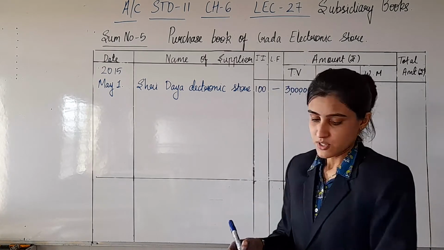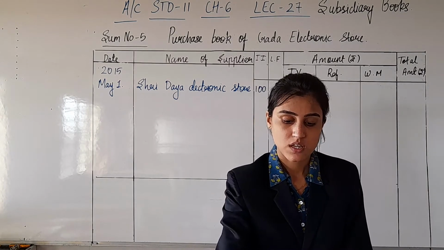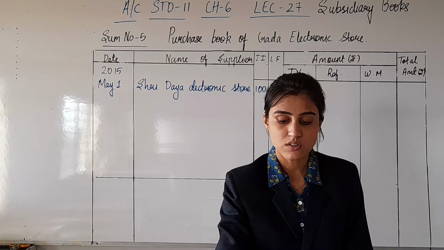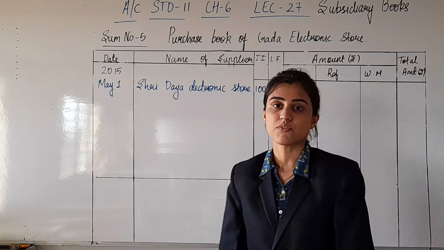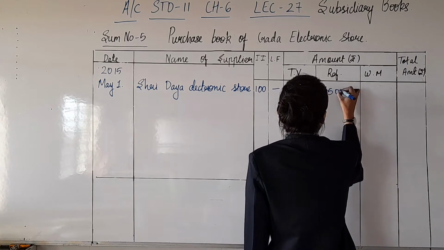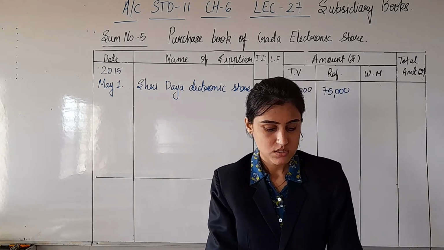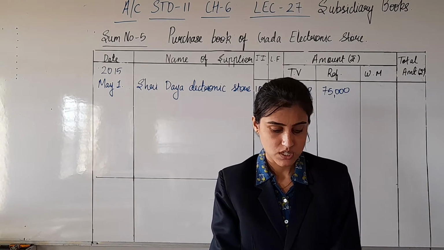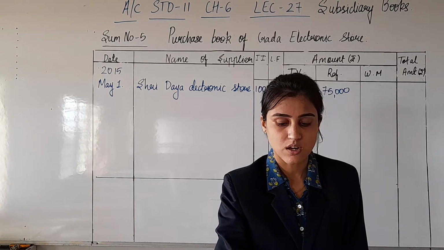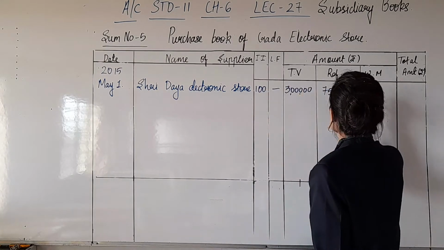Then about refrigerator, 5 refrigerators at 15,000, that is 75,000. Then about washing machines, 2 washing machines at rupees 18,000. So 18,000 into 2 gives you 36,000.